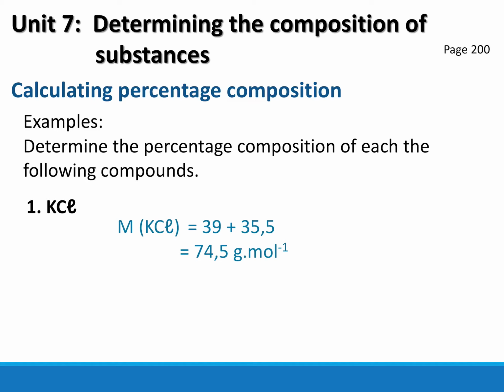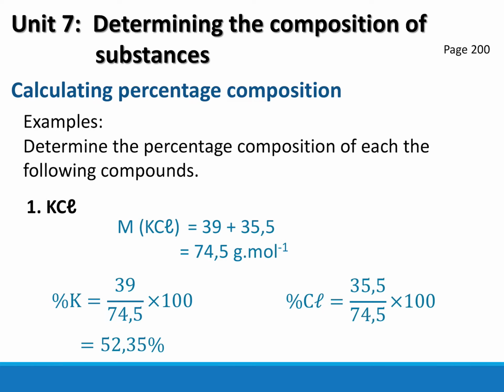It's just like saying the total of a test is 74.5 marks. You get 39 marks. What percentage did you get? So we go 39 divided by 74.5, times by 100, don't forget that, which gives us 52.35%. We do the same with the chlorine: 35.5 divided by 74.5, times by 100.